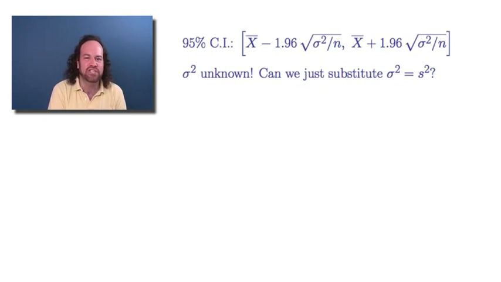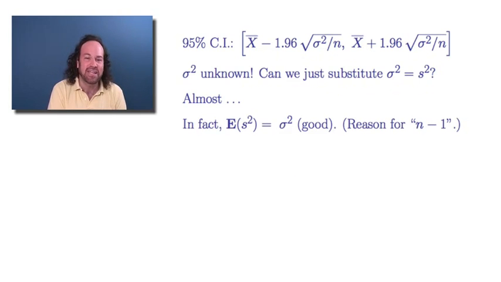So maybe we can just substitute in s squared instead of sigma squared. Well, we almost can. There's some good properties there. For example, the expected value of s squared turns out to be exactly the true unknown variance sigma squared. So that's good. And in fact, that tells us why we divided by n minus 1 instead of n when we had that formula for the sample variance.